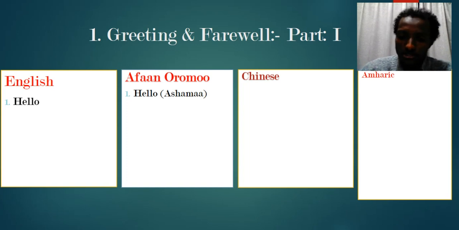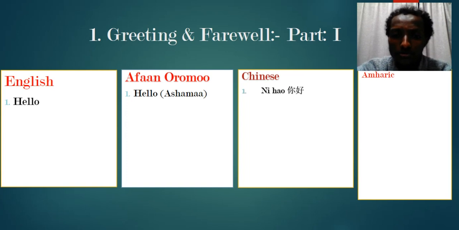In case of Chinese, we will use to say ni hao. Chinese have 4 different and most popular tones. The first tone, the second tone, the third tone, and the fourth tone.